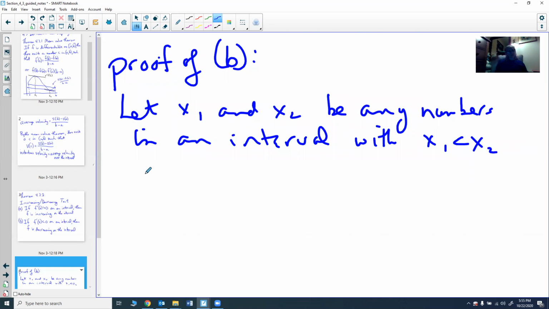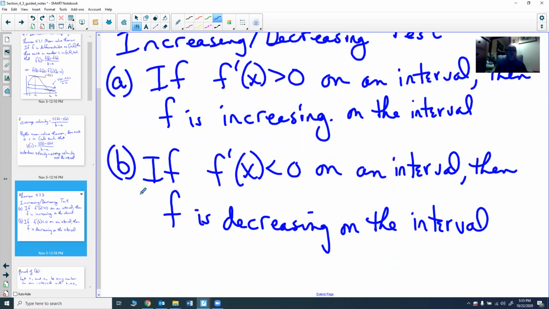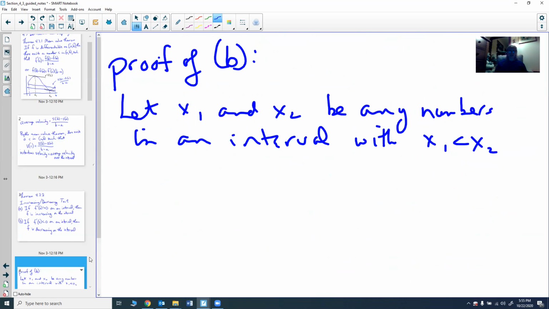So we're just going to assume they have these. Now going back to our theorem, notice at the start of the theorem we say if f prime is less than 0 on that interval. So that's actually an assumption. That's what we're given.